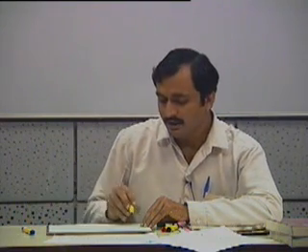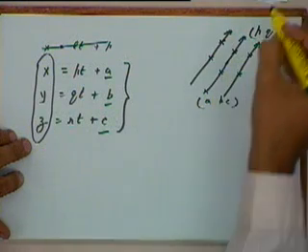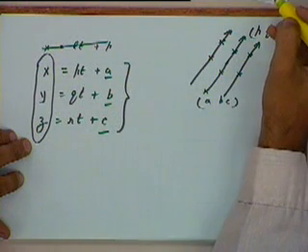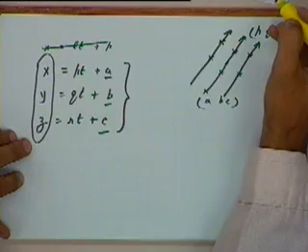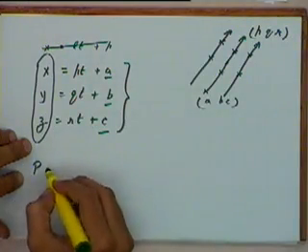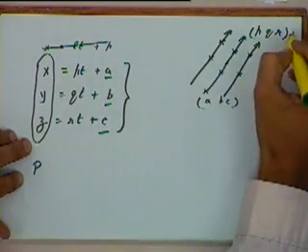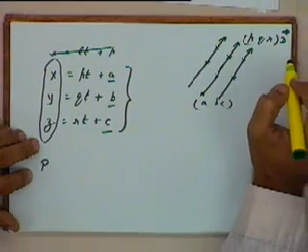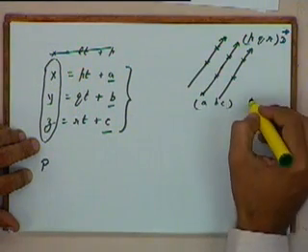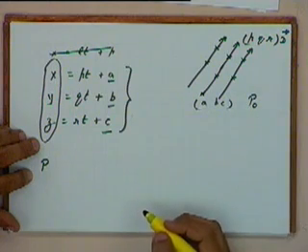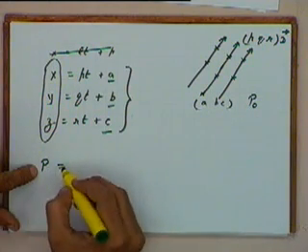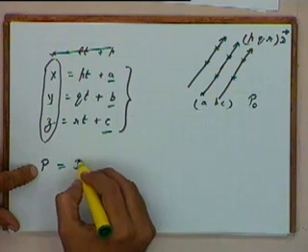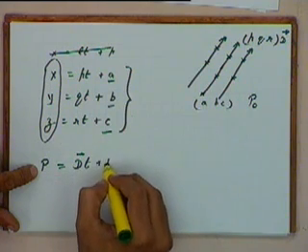Okay. If I want a point on these lines at infinity, now this direction I'll write as P, let's call it a direction vector D. This point, let's say, is any arbitrary point P naught. I can write this as P equal to the direction vector D times T plus P naught.